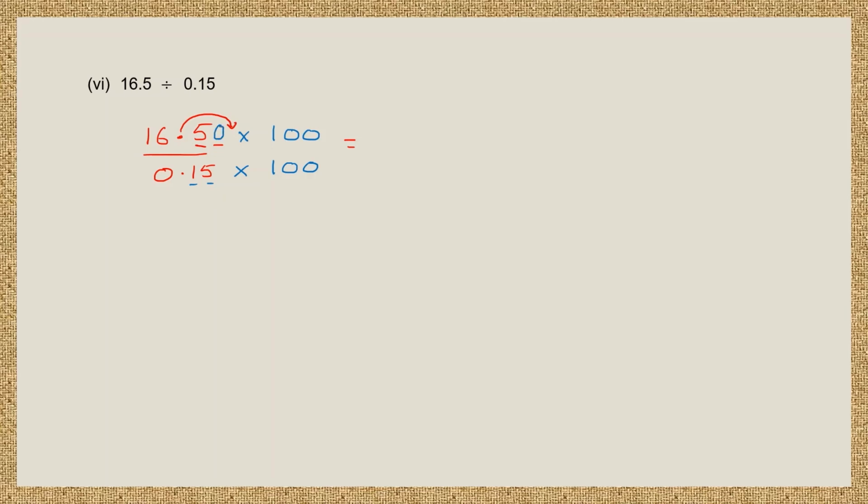So what is my number now? 1650 in my numerator. Denominator, the point moves two places, so it becomes 15.